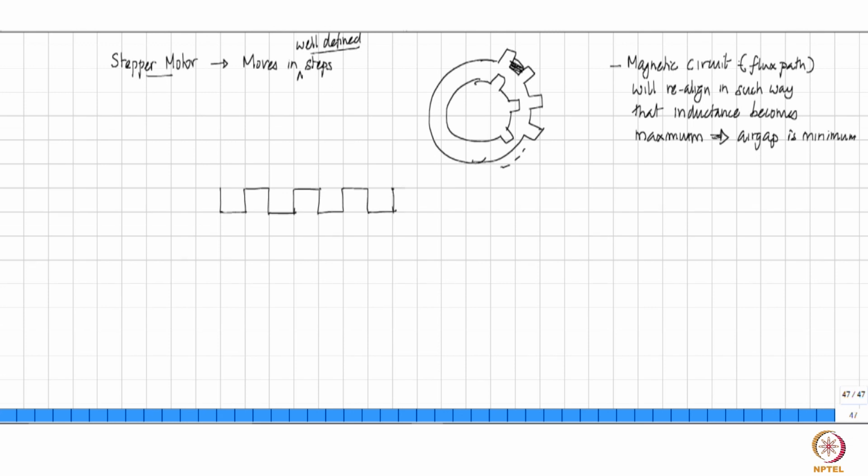So, if you have the stator like this, and then you have the rotor which is, let us say, like this, and if I am going to have a coil there and energize this, this means that the rotor will immediately snap into this angle.